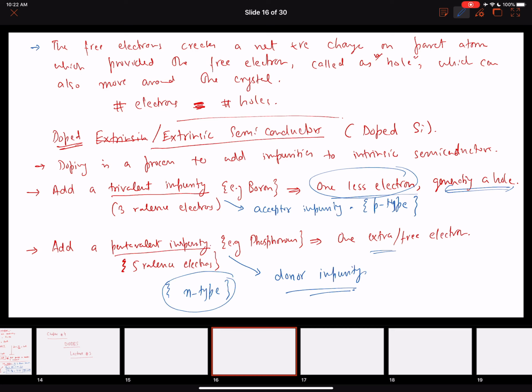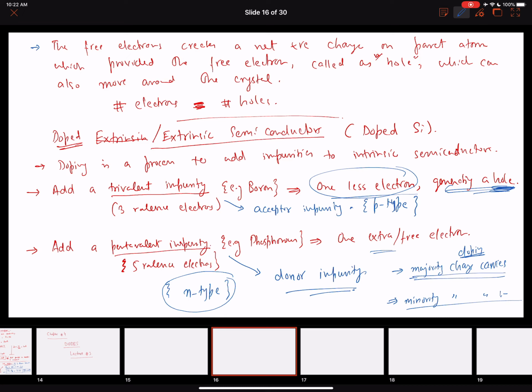I'm also using 2 different terms, and we're going to use them. One is majority charge carriers, and one is called minority charge carriers. Majority charge carriers are because of doping. When you add a trivalent impurity, you have a lot of holes as majority charge carriers.